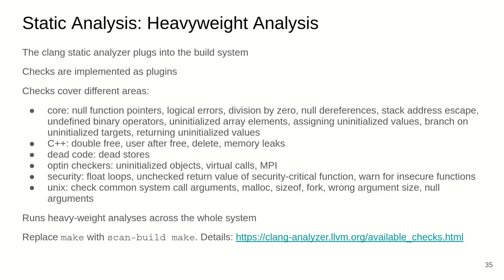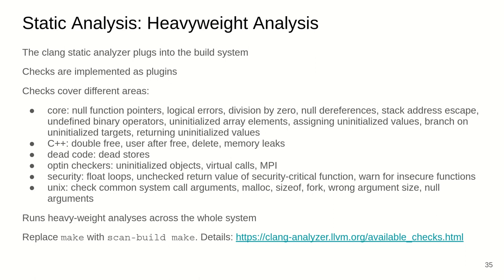If you want to be a bit more heavyweight, you will use clang static analysis, and the clang static analyzer plugs into the build system, and then during the build it will run certain analysis plugins on top of it that cover different kinds of areas, such as at its core, null function pointers, logic errors, division by zero, null dereference, just a lot of undefined behavior. It can be programming language specific, such as double free, use after free, whatnot.